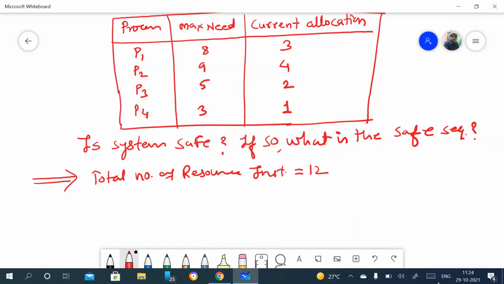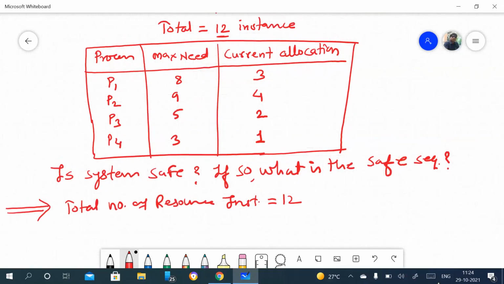We have 12 instances in our hand, and how many instances are used by all these 4 processes? So we can say that is the allocation. P1 is allocated 3, P2 4, then this 2 and this, right? So whatever is the total of this allocation, it means that is already used by the processes.